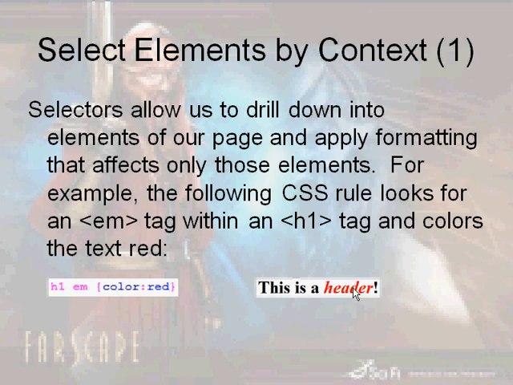The word header would be marked up within emphasis tags. And this is a header, the entire thing is an H1. If I want to select just the word header, I can be very specific. I can say where I have an H1 and inside of it there's an emphasis tag, color that red. This is called specificity, being very specific.